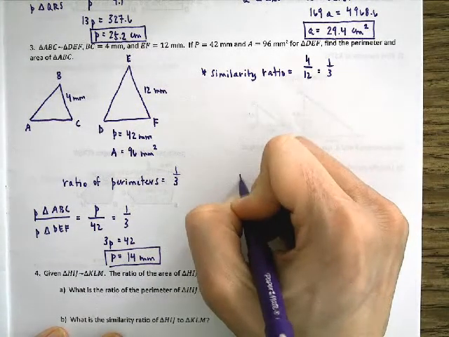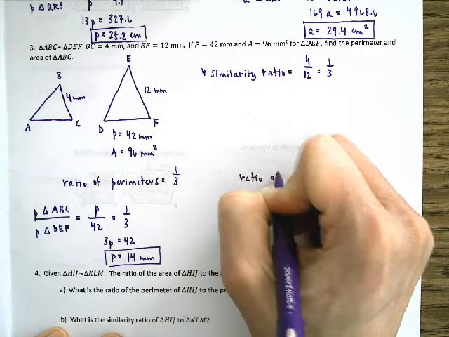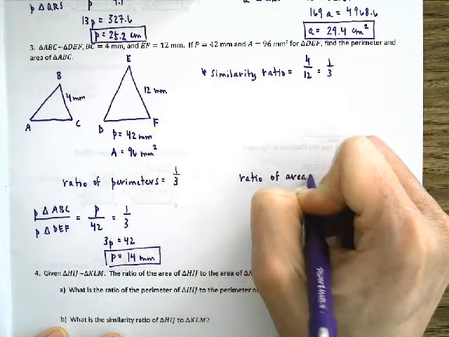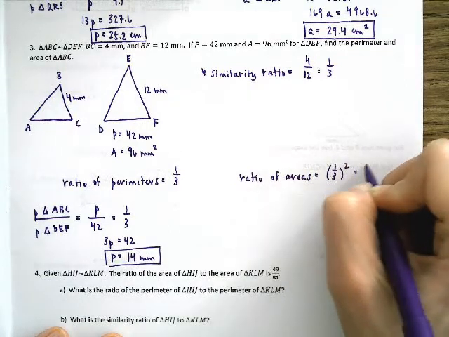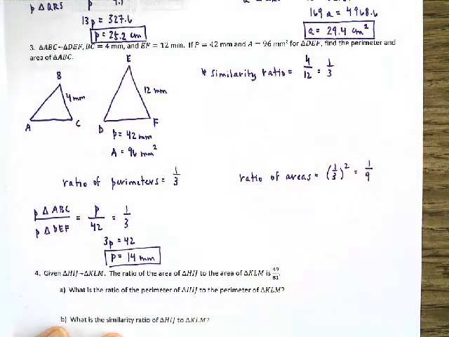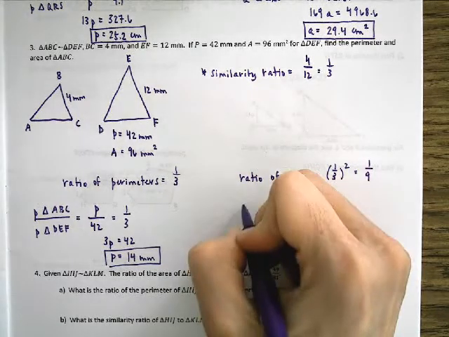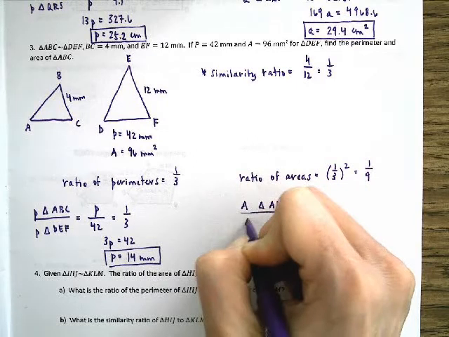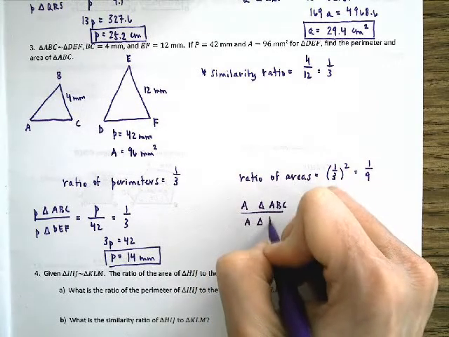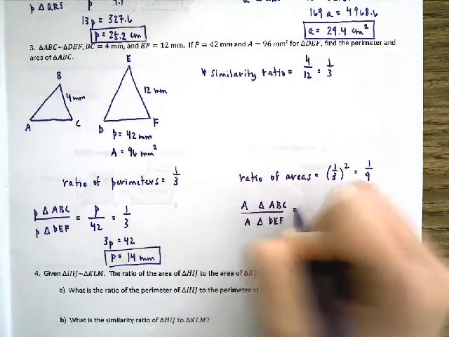Okay, so now the ratio of the areas, I know it's going to be that similarity ratio squared, which is just going to give me 1 over 9. So now I'm comparing the area of triangle ABC to the area of triangle DEF.